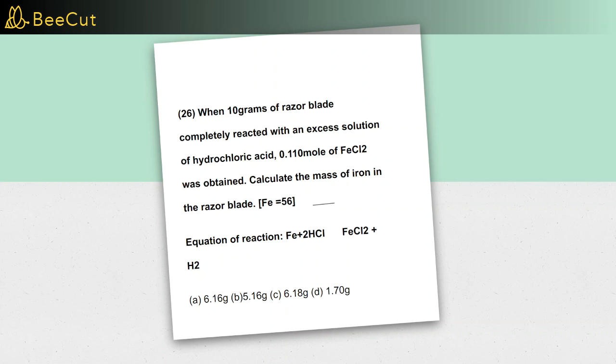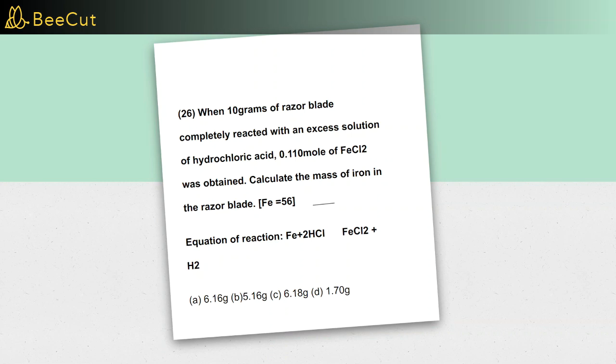We first balance the equation, and the equation was given as iron plus hydrogen chloride to give us iron 2 chloride plus hydrogen gas. And from the equation, to calculate this, we are using mass mole relationship.